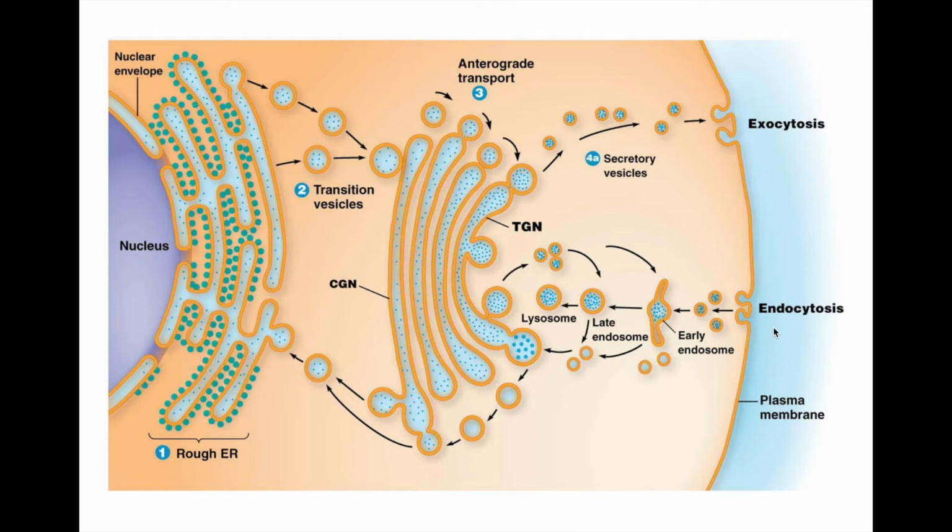Endocytosis can also occur, where you just form a pocket of the membrane and capture whatever is outside the cell. Then the vesicle will be fusing with a low pH compartment called an early endosome. That early endosome is going to become a late endosome.